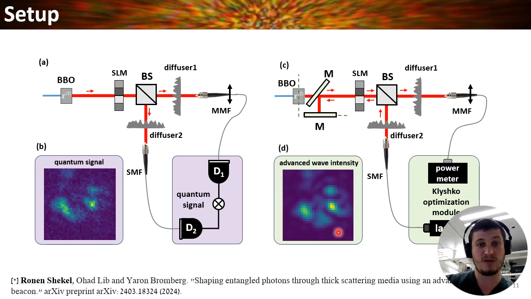Remarkably, the classical speckle pattern we measure is exactly the same as the 2-photon speckle in the quantum experiment. So now we can perform the optimization with the SLM in the classical experiment with a strong signal, and use the same phase mask on the SLM to now localize the quantum correlations.